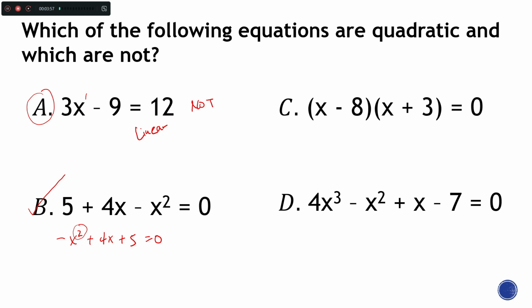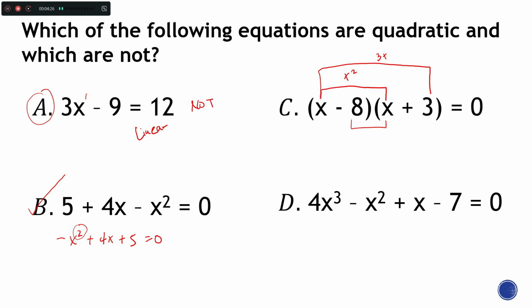Letter C, if you remember the previous slide, you know that this is quadratic because this is in factored form. So how can we get that x squared? Because we want to see that. Well, we will use the FOIL method here to multiply these two binomials. That's x times x, that gives us x squared, and then x times 3 is 3x.